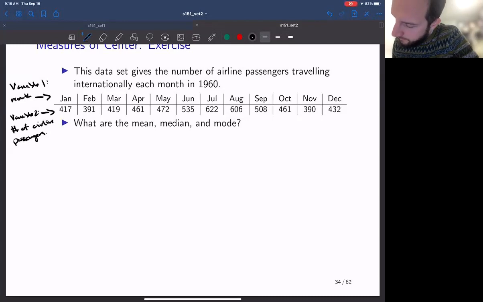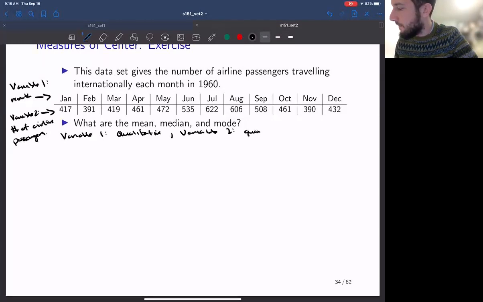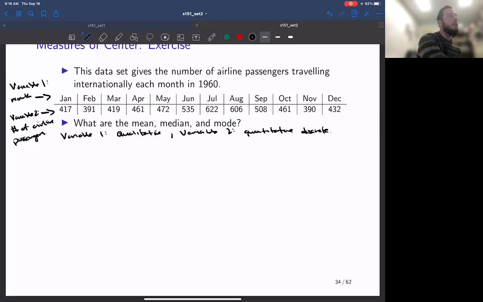So in this case, variable 1 is qualitative, and variable 2 is quantitative discrete. Okay, so we're going to find the mean, the median, and the mode for the variables in this data set.